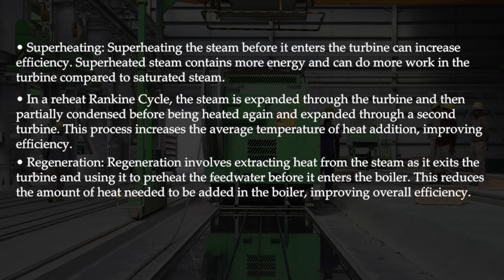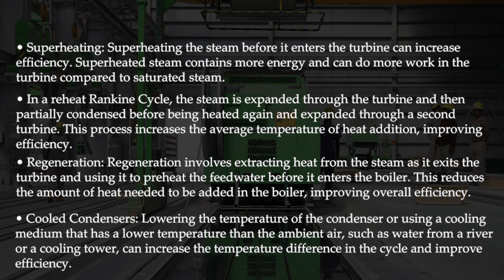Next method is regeneration. Regeneration involves extracting heat from steam at its exit from the turbine and using it to preheat the feed water before it enters the boiler. This reduces the amount of heat needed to be added in the boiler, improving overall efficiency.